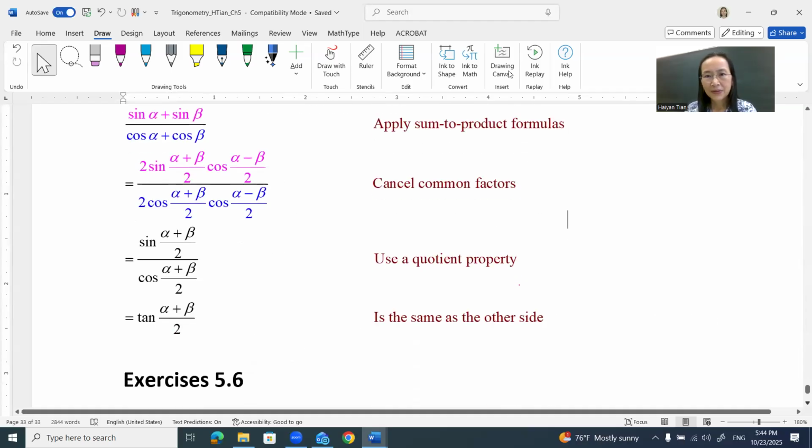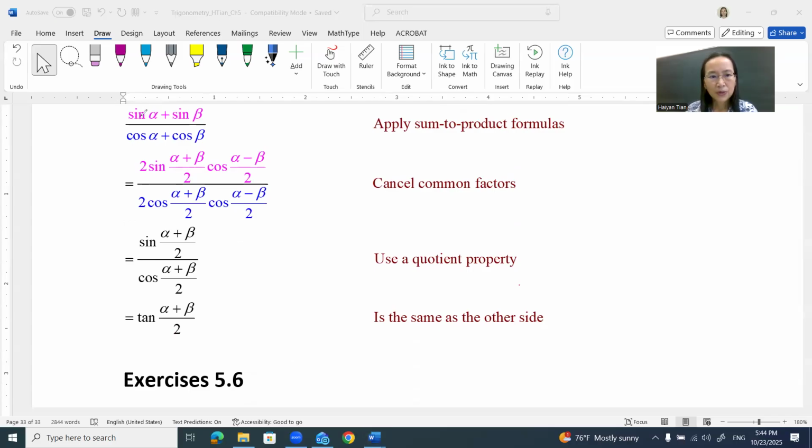You can see the numerator, I use the color pink, and the denominator, we use the color blue, just for you to see quickly. So the numerator is written using the product form. It's the sum to product.